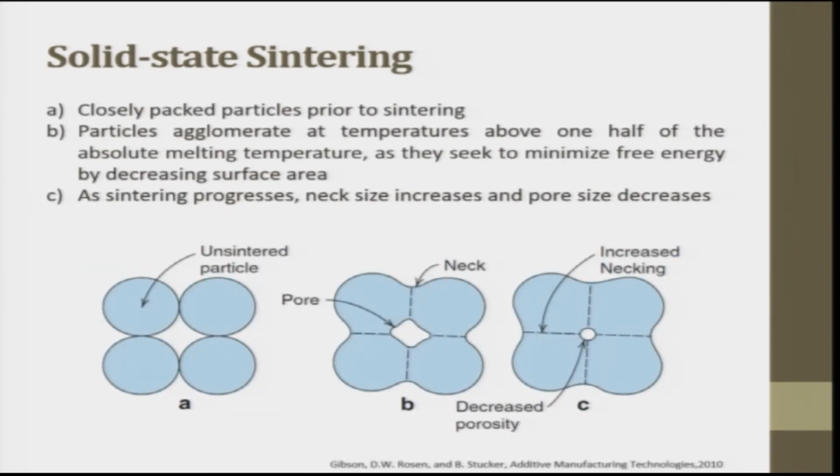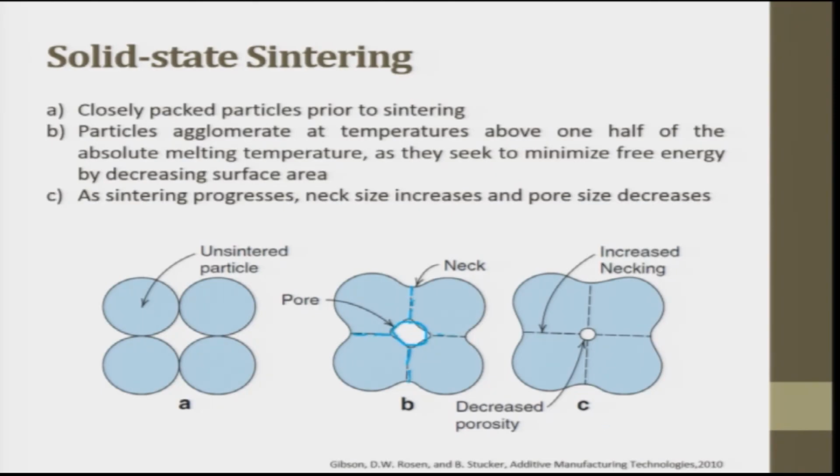So, when we look very close, A is closely packed particles prior to sintering, unsintered particles. Then particles agglomerate at temperatures above 1/2 of the absolute melting temperature as they seek to minimize free energy by decreasing surface area. In this, you can see there is a necking phenomenon happening on all four sides, and this leads to a pore in the center.